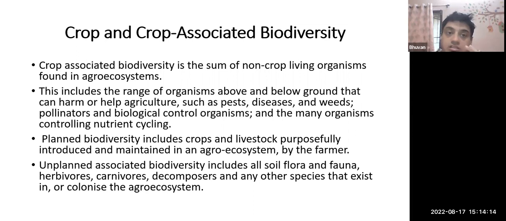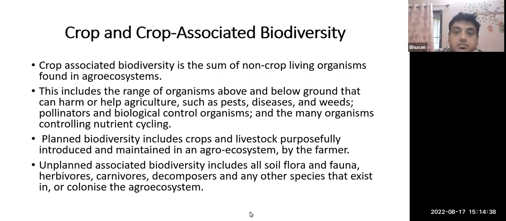These are commonly termed under the umbrella term crop-associated biodiversity, which is the sum of all the non-crop living organisms. They also include the pests and diseases which harm our crops. So the pests are also included under crop associated biodiversity.